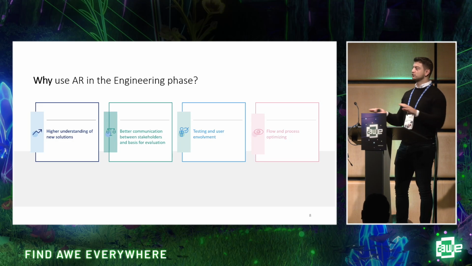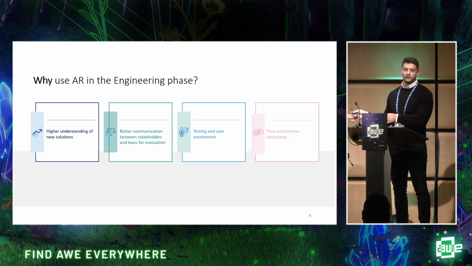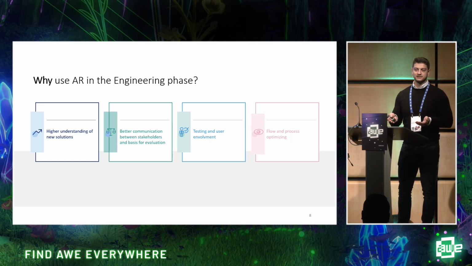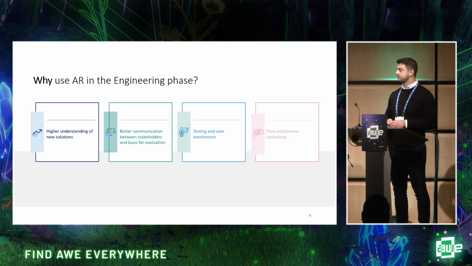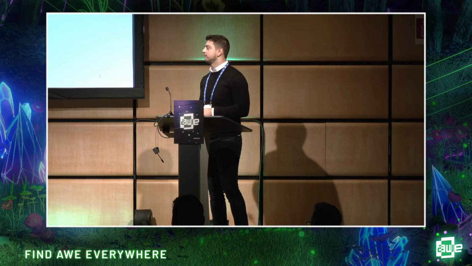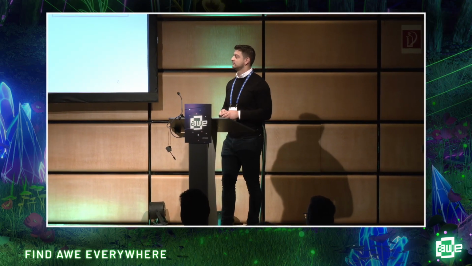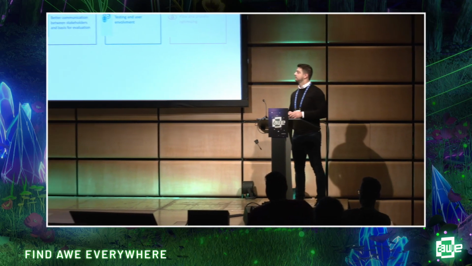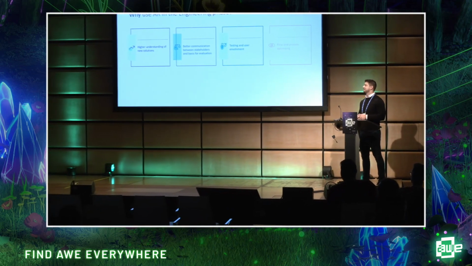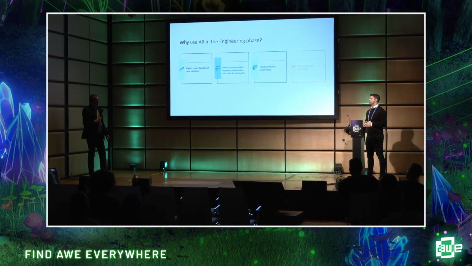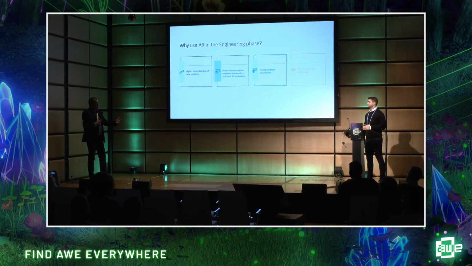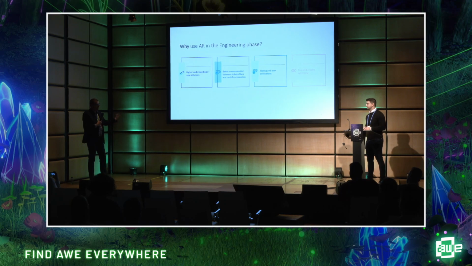So we just assume that we make mistakes, and then we try to use AR to find the biggest mistakes in the early stages. Yeah, you have tried the costly version of this. I have tried it when the equipment came and it couldn't fit into the room, and it was very costly. When you find out at an early time, it's only on paper. Yep.